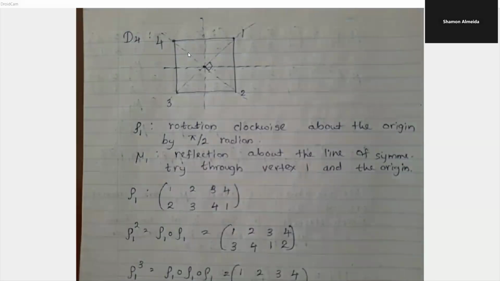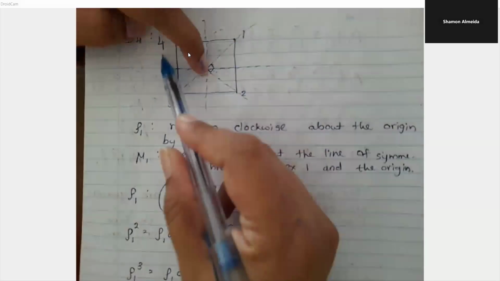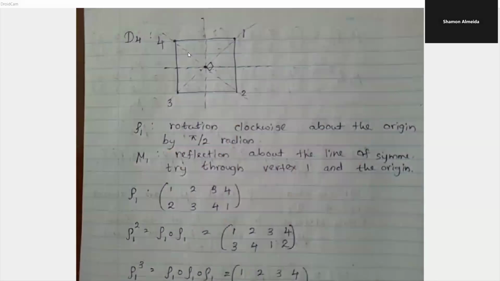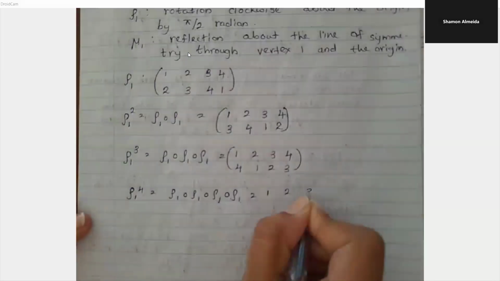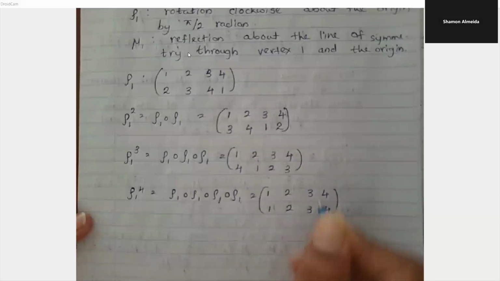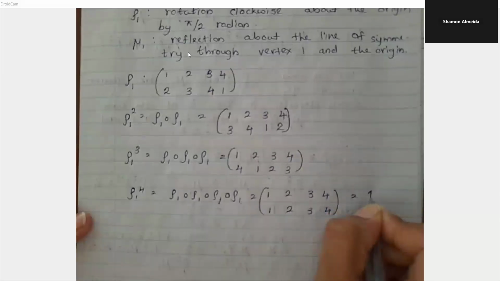That is 2 pi. So we are taking the rotation by an angle of 2 pi, right? Start at 1, rotate all the way back by an angle of 2 pi. We are back at 1, right? So what I get over here is the identity, which I will simply denote by 1.